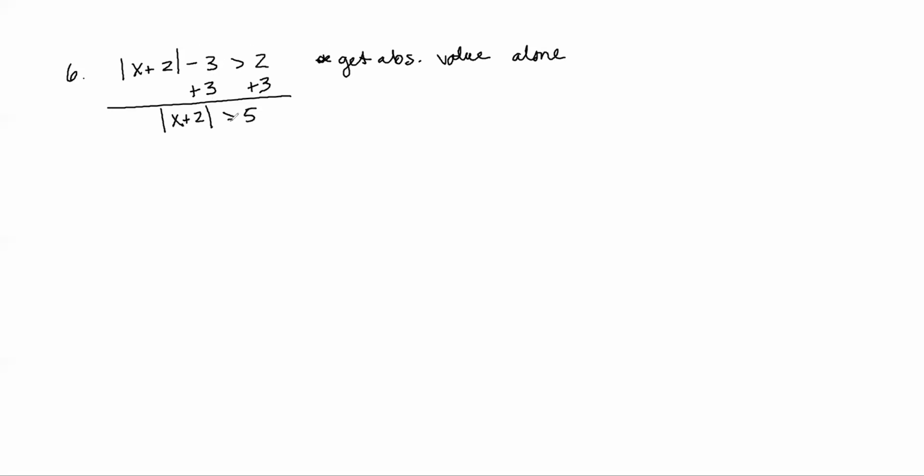Now we can split this up, and because it's a greater than, it's an or. So we're going to have x plus 2, keep the sign, so greater than 5. Or, now if I keep the stuff on the inside, so keep x plus 2, change the sign, flip the inequality, so less than -5.